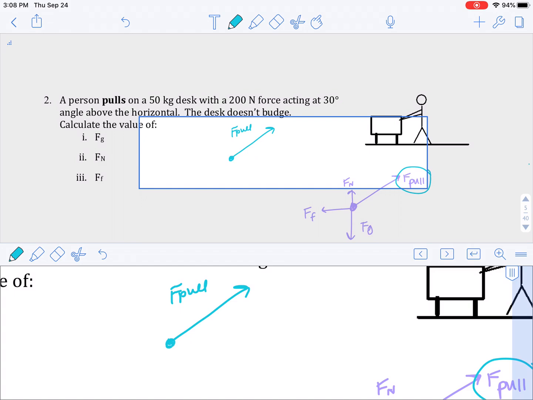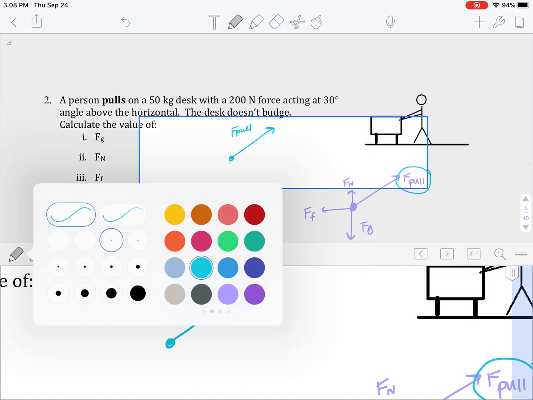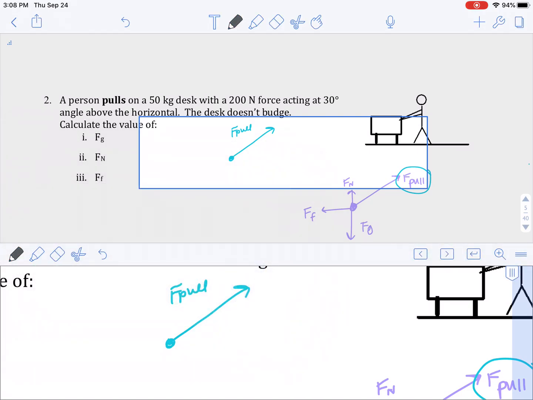And by looking at this vector, if I thought about that as a velocity vector, I'd be like, oh, it's moving up and to the right. Well, instead of thinking it's moving, you can look at that and say, oh, I'm pulling up and to the right. So that's where your components are going to go too, are to the right and up.